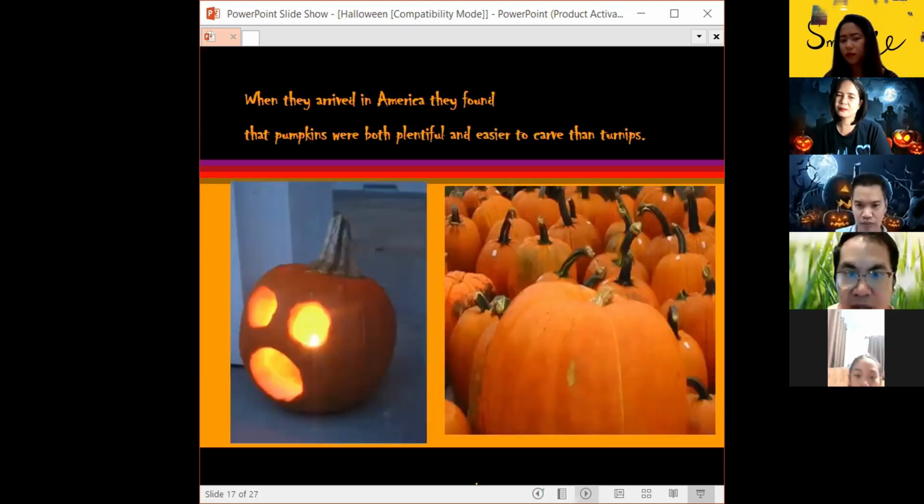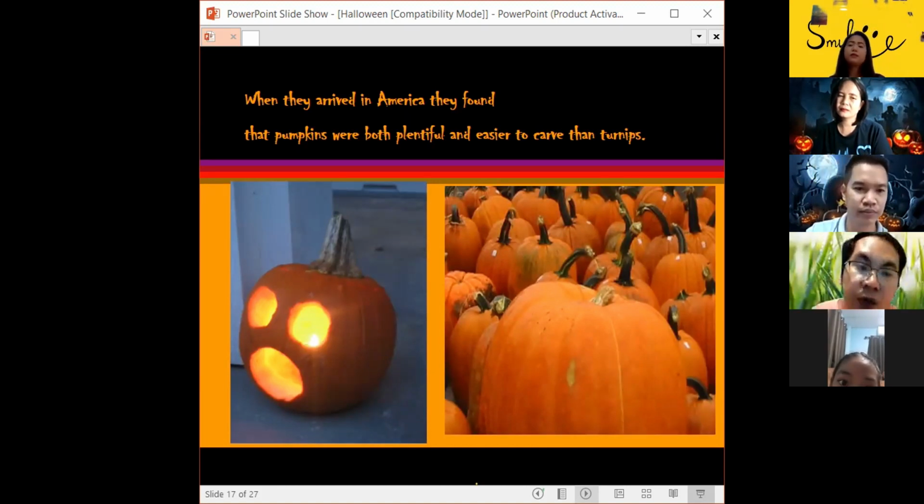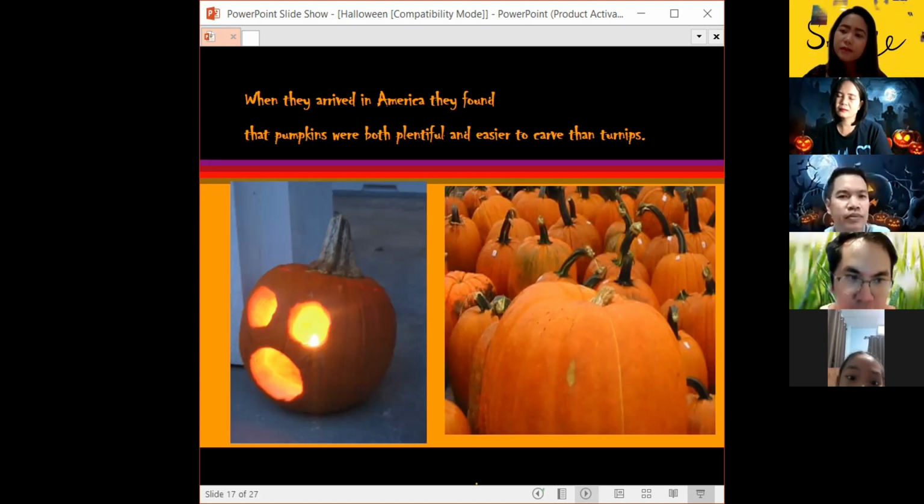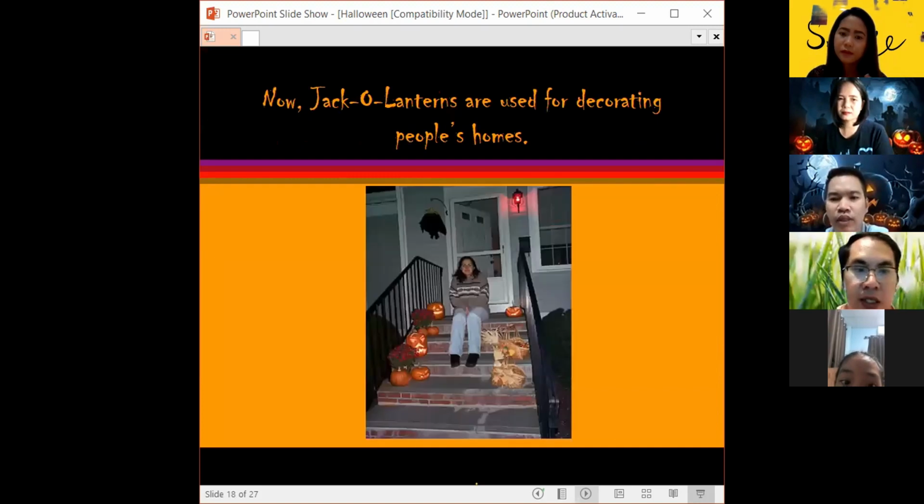But now, the jack-o'-lantern uses a pumpkin, wherein they carve it. They clean the inside of it, and then they mold some faces on that particular pumpkin.